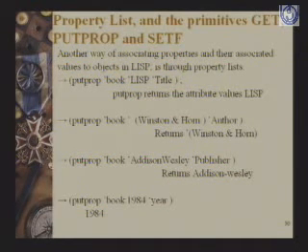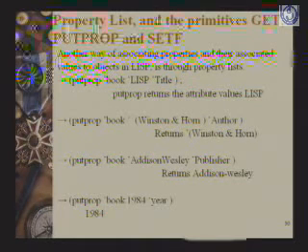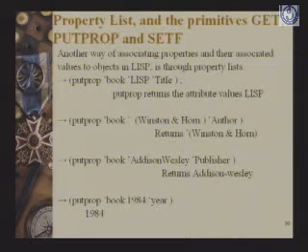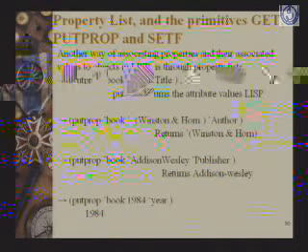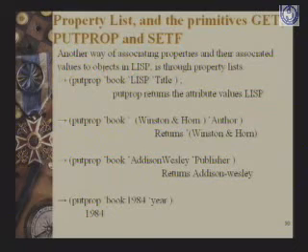For example, putprop book LISP title. What is happening? The first argument is the entity, in this particular case the book under consideration, the second is the value of the attribute name which is given as the third argument. So LISP is the value of the attribute name title.